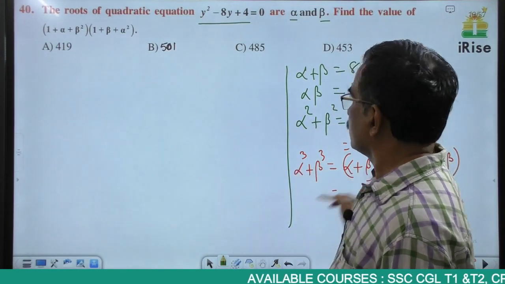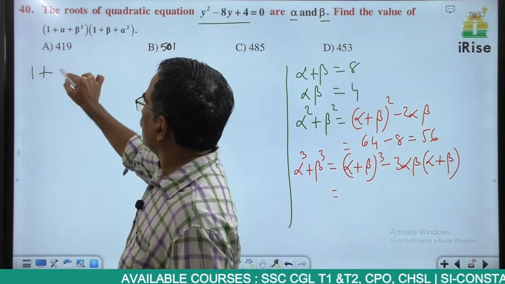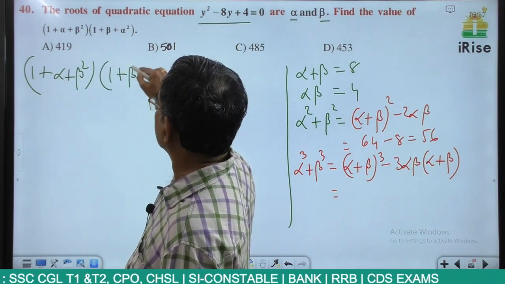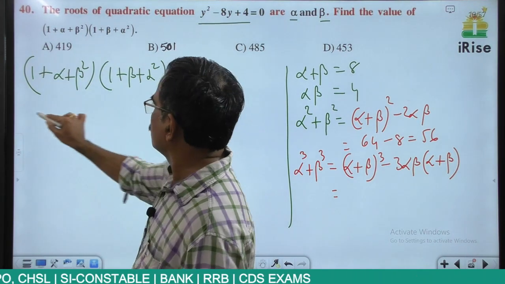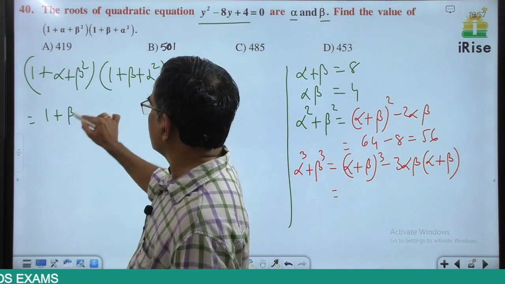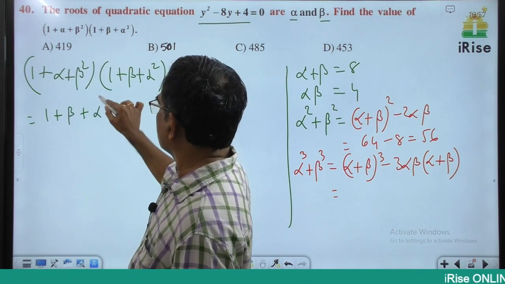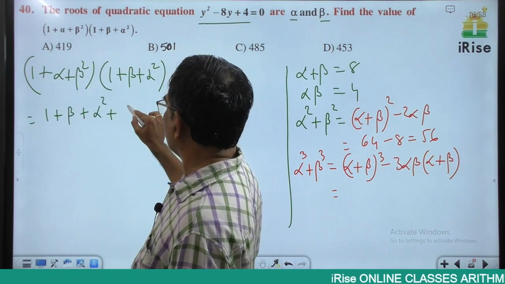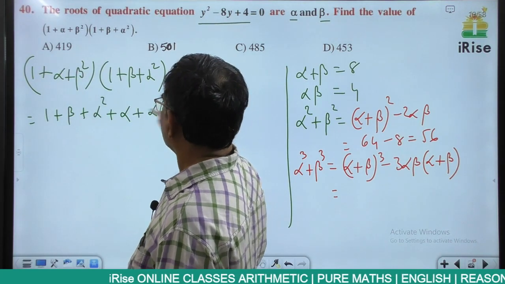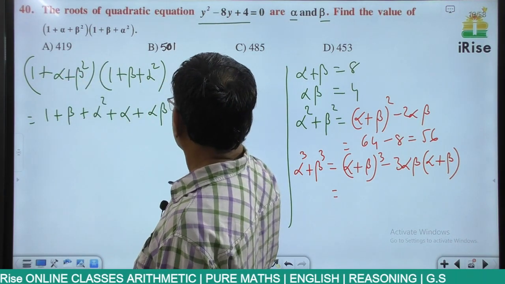See, (1 plus alpha plus beta square) multiplied by (1 plus beta plus alpha square) is equal to 1 plus 1 into beta is beta, 1 into alpha square is alpha square, plus alpha into 1 is alpha, alpha into beta, plus alpha into alpha square is alpha cube.